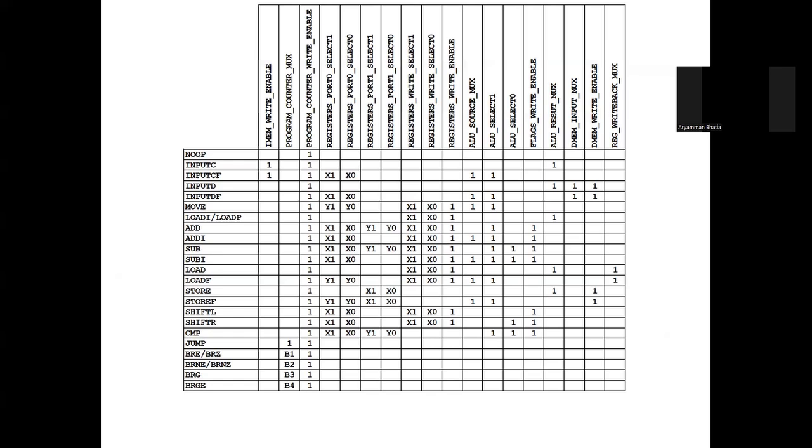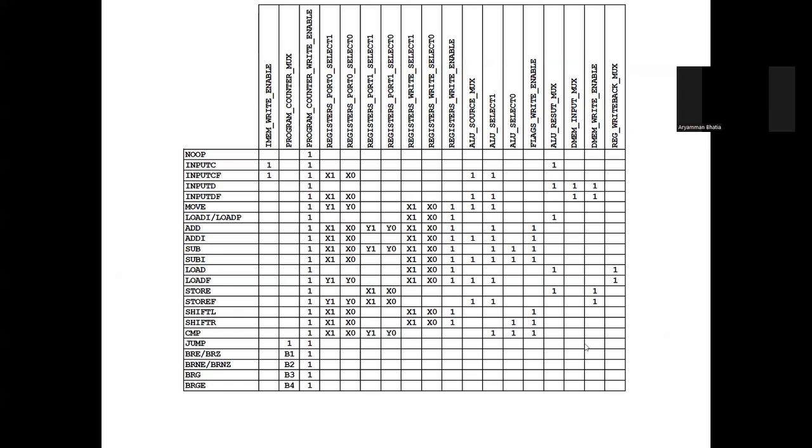So if we go into an example, let's consider the compare instruction. For the compare instruction, you have register port 0 select 1, register port 0 select 0, register port 1 select 1, port 1 select 0, as controlled by these x1, x0, y1, y0 bits.